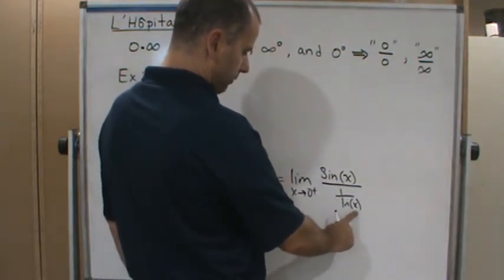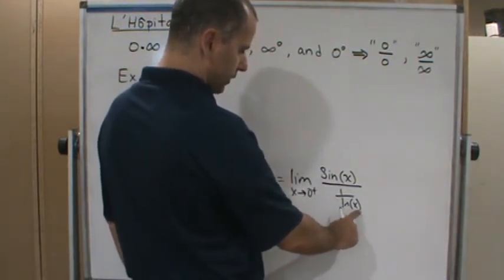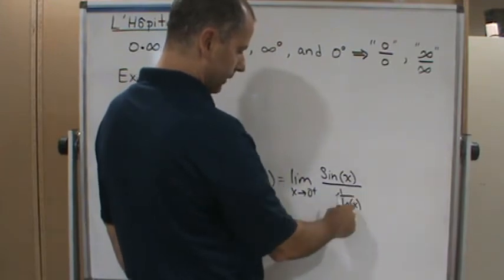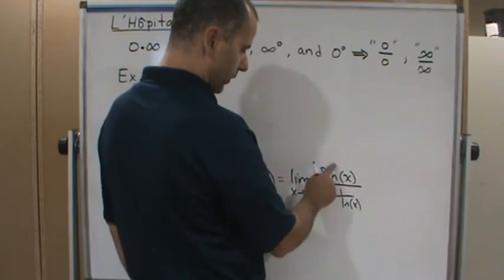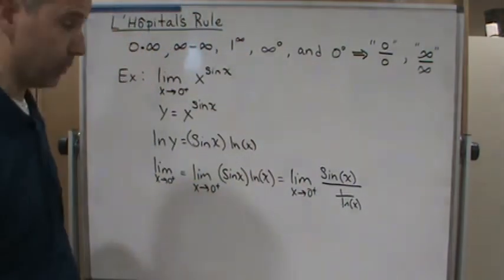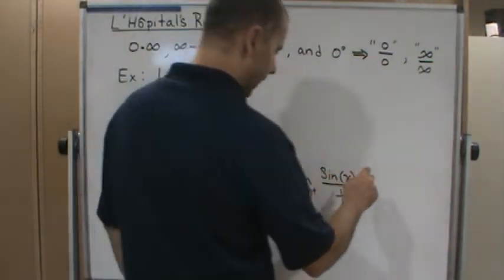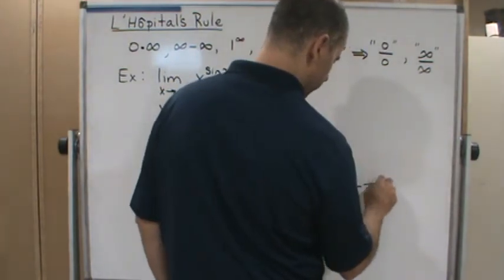Natural log of 0, as I get closer and closer to 0 from the right, this is going to negative infinity. So which means this is going to 0, so I get 0 over 0. So now I've got the determinate form. Now I can use L'Hopital's rule.